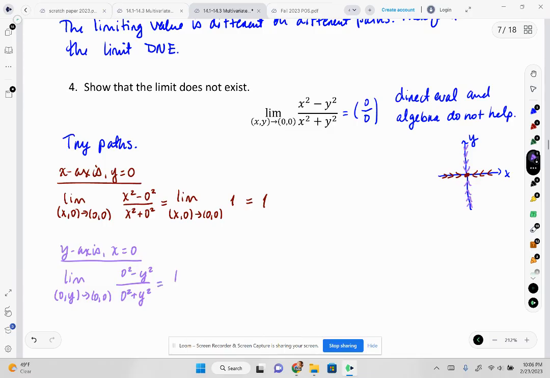And that is a fraction which will simplify, so I do so. I get the limit as (0, y) approaches (0, 0), and this reduces to the number -1. And the limit of a constant is the constant, so my limiting value is -1. And what I can conclude here is that my limit value is path dependent.